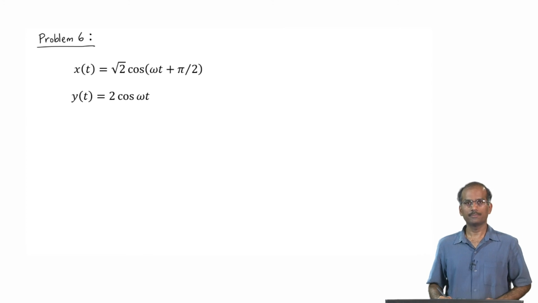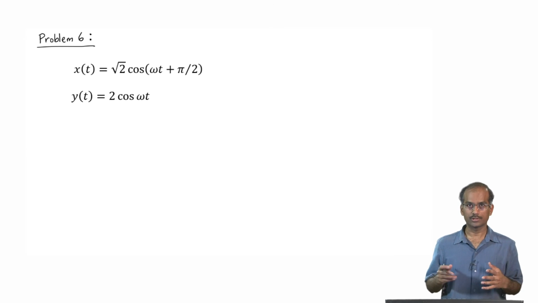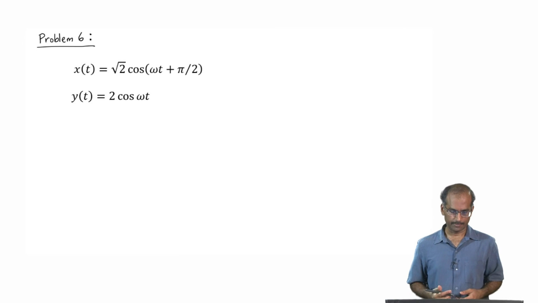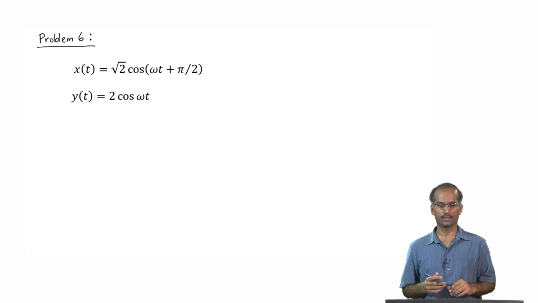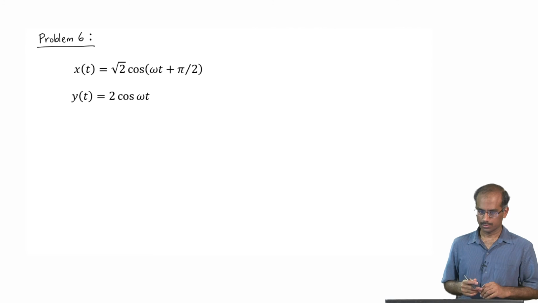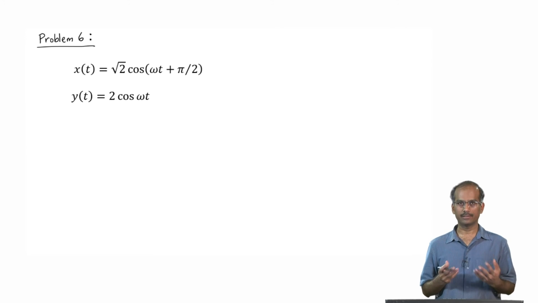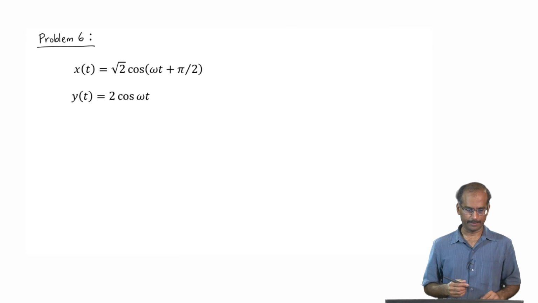So, in this problem we are looking at two oscillations which are perpendicular to one another, and the solutions are given here. The question is what is the superposition of these two oscillations, and I would like to know the pattern of oscillation in the xy plane.